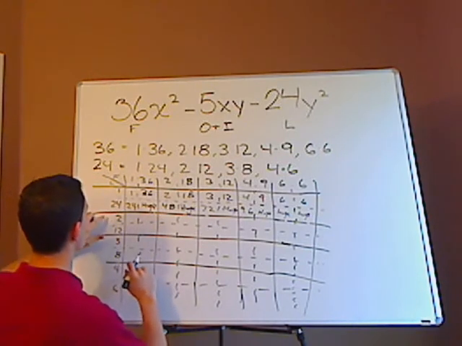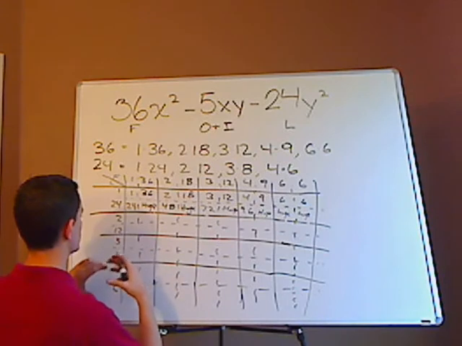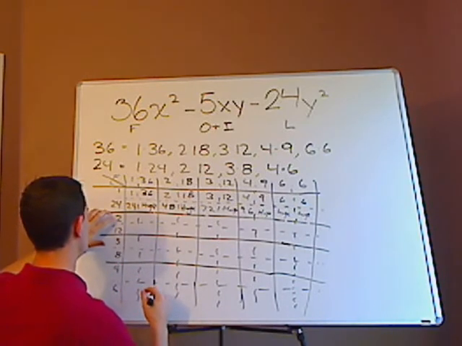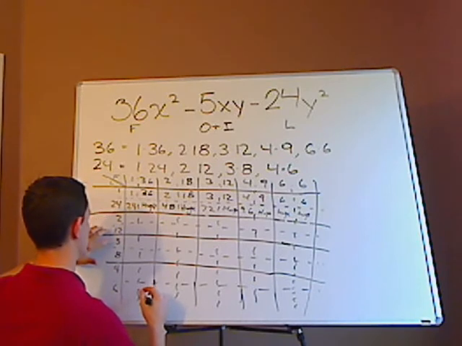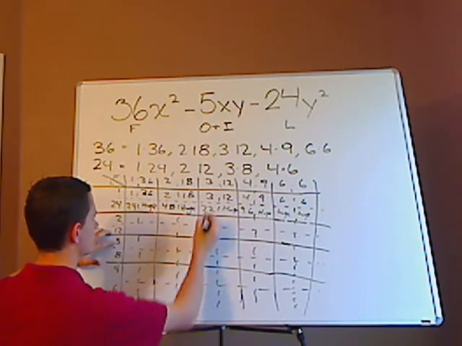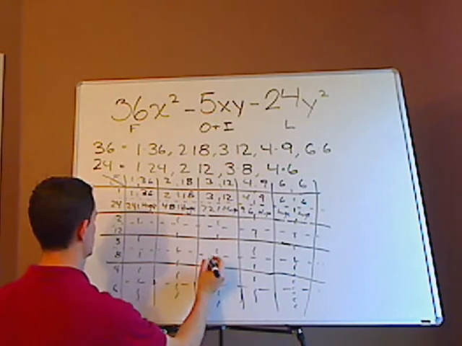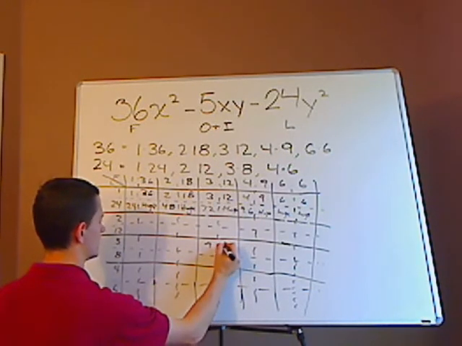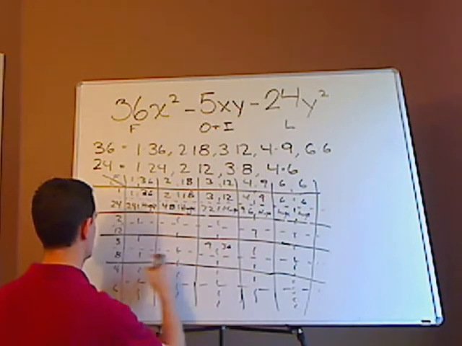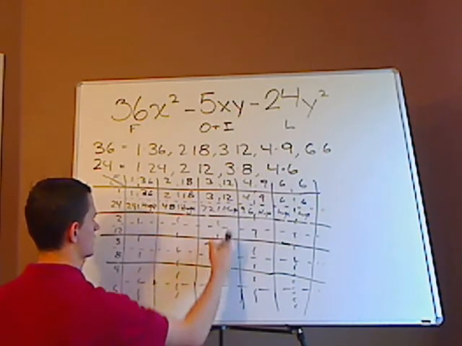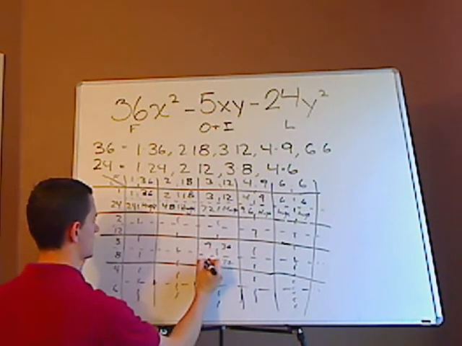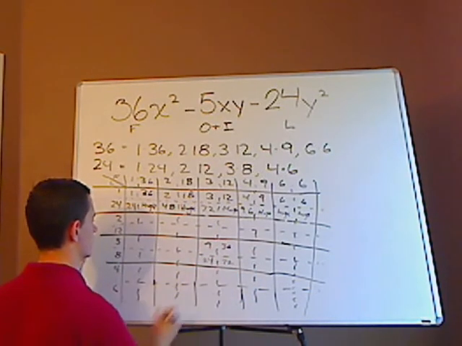Now, I want them to be relatively close together. So I'm going to try, because we can't be here forever, I'm going to try these guys. So here would be 9, and then 3 times 12 is 36. Then you have 8 times 12 is 72. And then 8 times, you get 24.